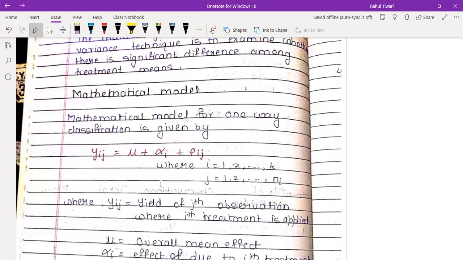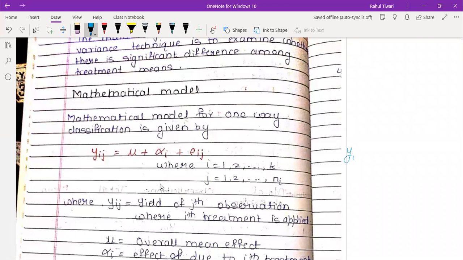What does the mathematical model say? As I mentioned, it is a one-way classification, so I have to define one factor, which is my alpha. So what is your model?